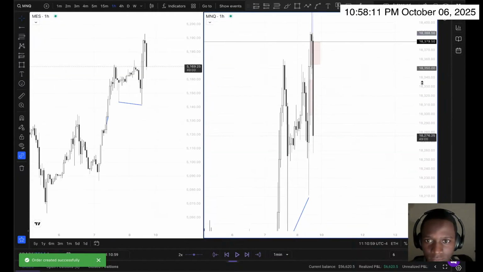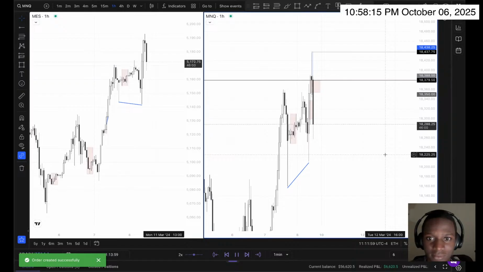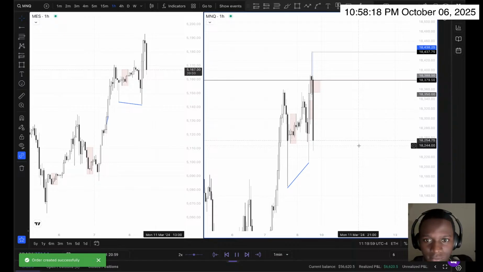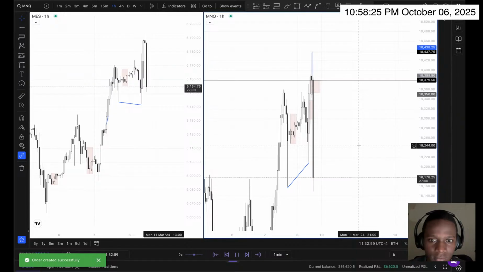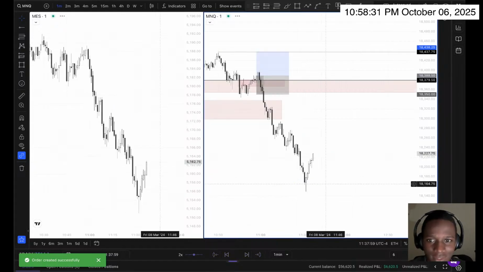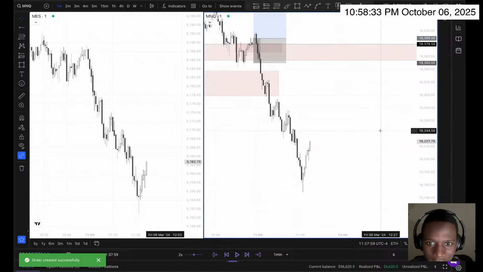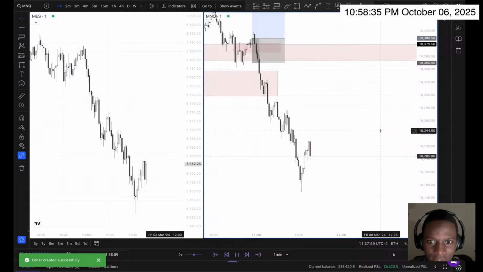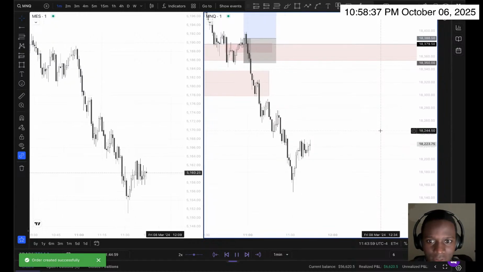Well, this was one heck of a reversal. Price runs this low here. Wonder why. Why are you doing that, NQ? Give me a reason.